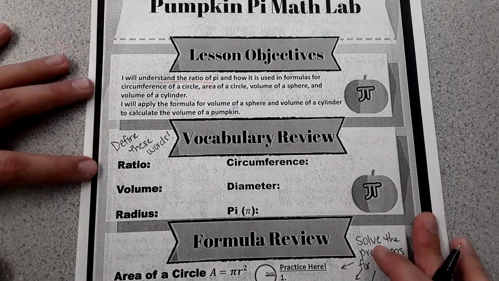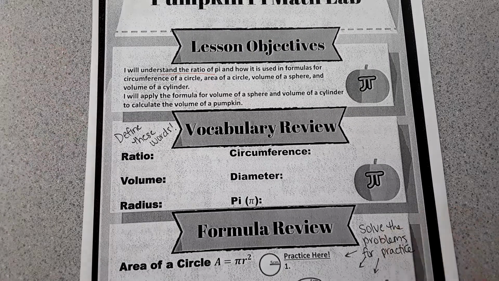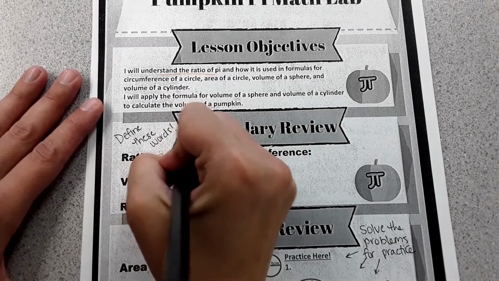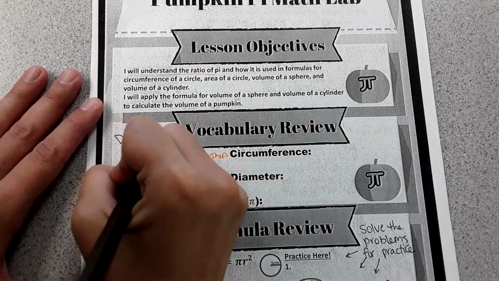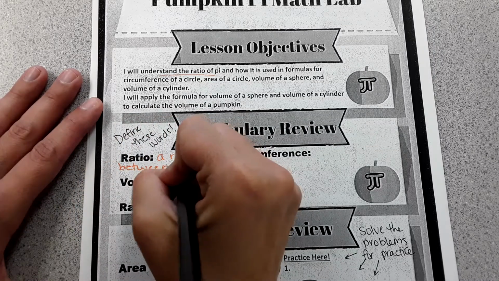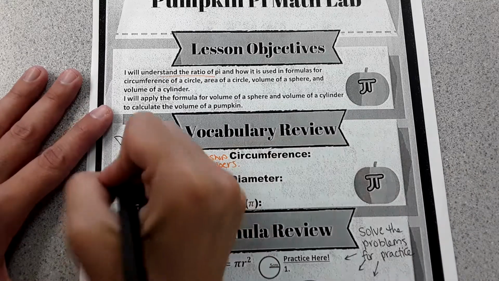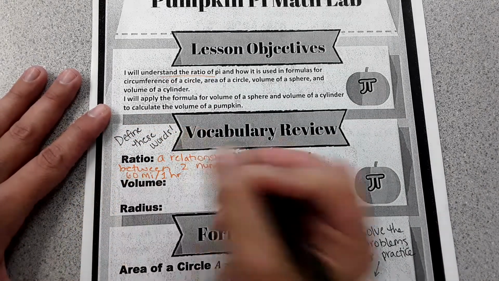So a couple things before we get started, I wanted to go over these vocabulary words that will come up throughout the investigation. First one is ratio. A ratio is a relationship between two numbers. So for example, 60 miles per 1 hour is a ratio.